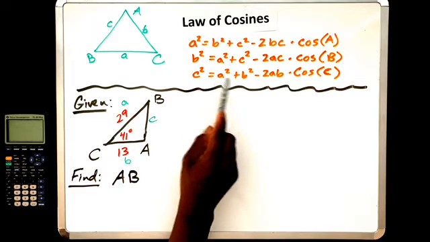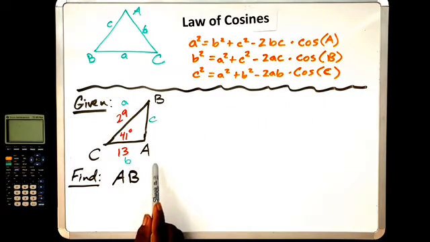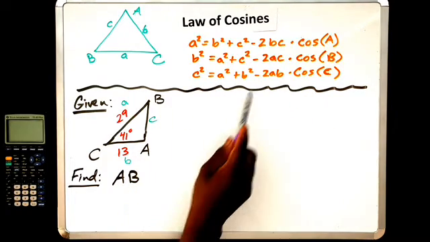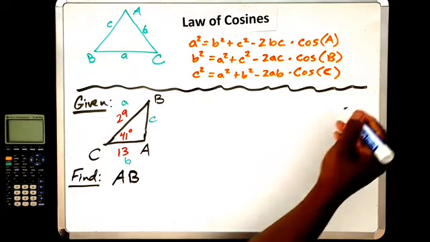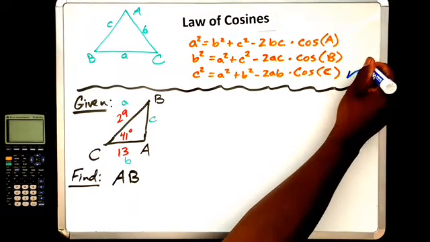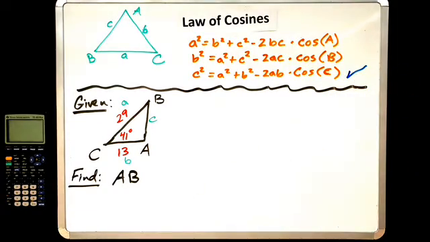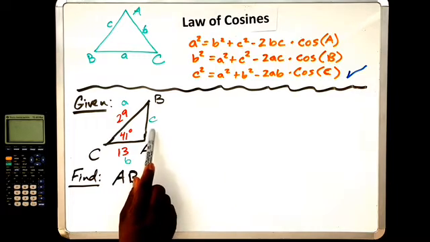We have side length A and B and the measure of angle C, but we need to find side AB. So it looks like the one we're going to use, I'm going to place a check by it. I put a check by it. We're going to use that equation, because we know what we need.